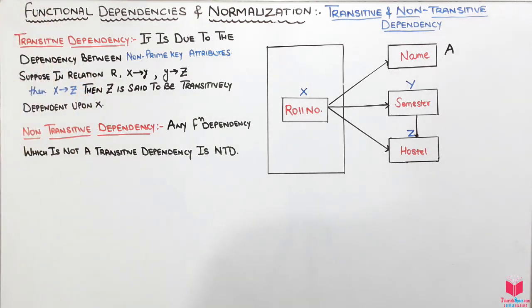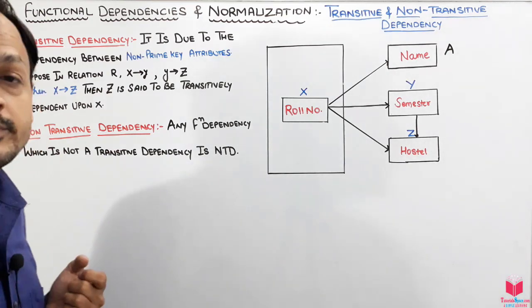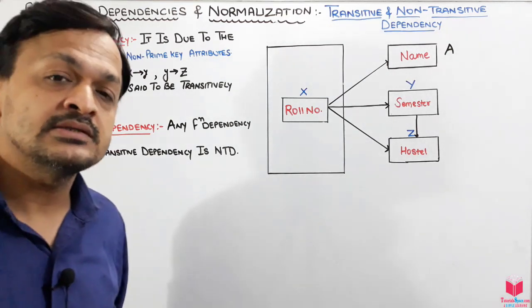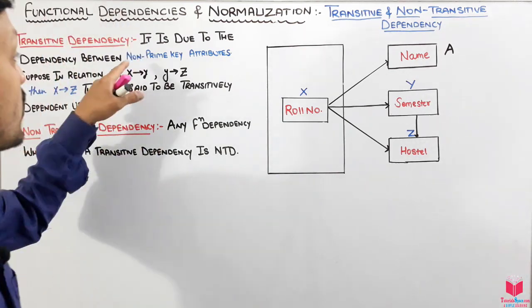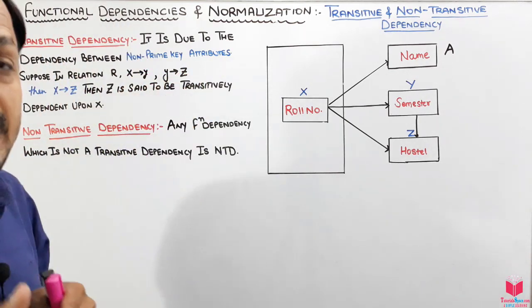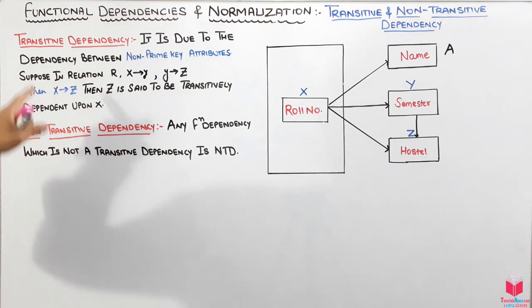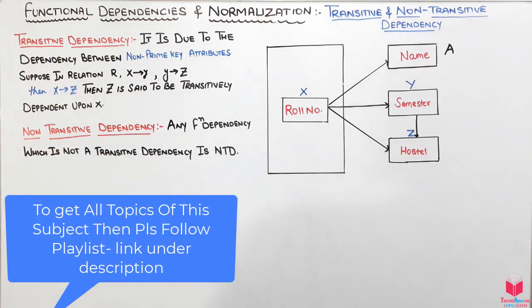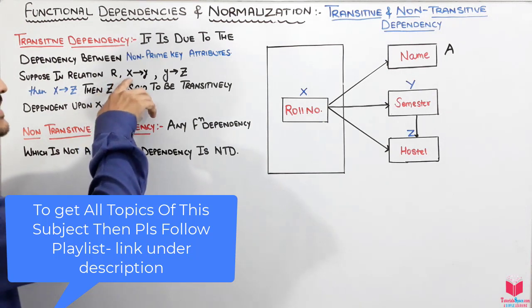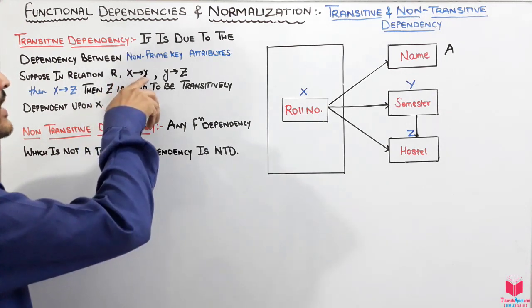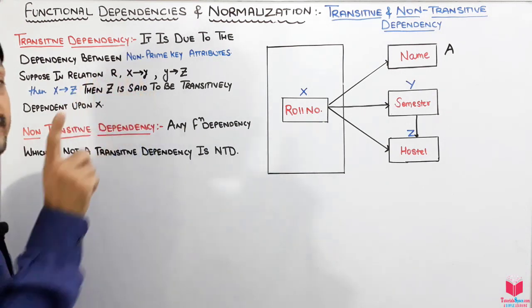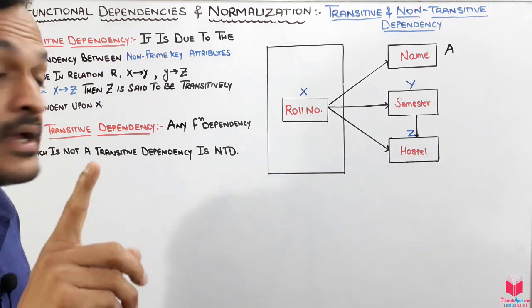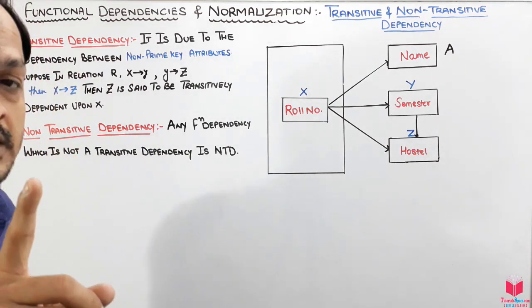So transitive dependency is due to the dependency between non-prime key attributes. It says if there is any functional dependency between non-prime key attributes, then we can say a transitive dependency may exist between them. Let's see how. Suppose we have a relation R, and in this X determines Y, that is Y is functionally dependent on X, where X is a prime key and Y is a non-prime key attribute.